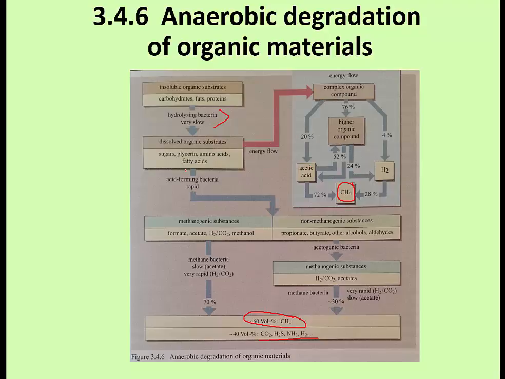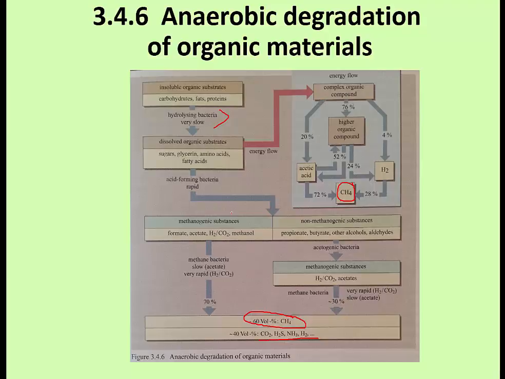But these materials can then rapidly be broken down by acid-forming bacteria. If you read in the book, he mentions the names of some of the bacteria that are used. There are specific strains of bacteria that can be applied, just like a winemaker or a beer maker will use specific strains of yeast. There are specific strains of bacteria that do the job here.